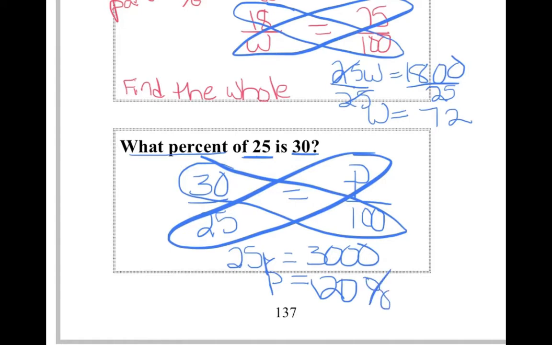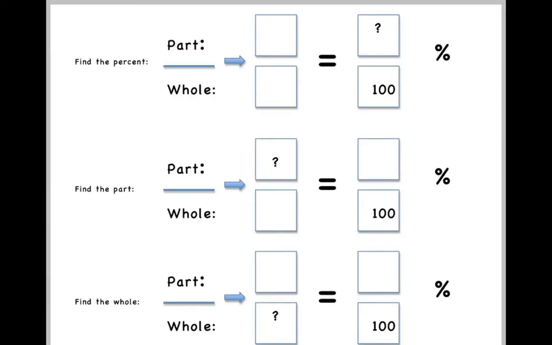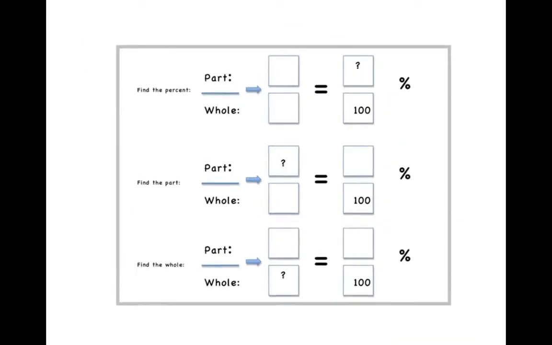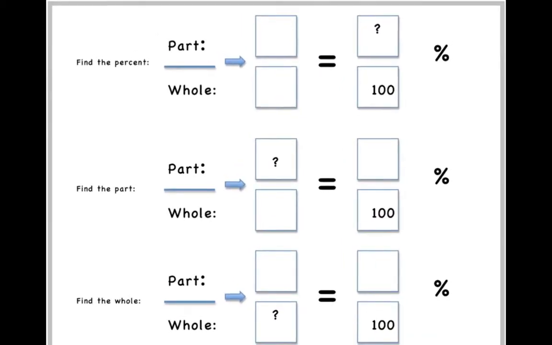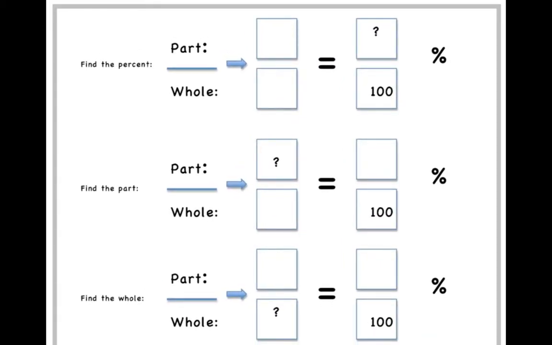Okay. Now, I have a resource for you that I hope that you loaded, because I want you to use it. It's called the percent proportion chart. And you can use this to solve any of your problems. I will allow you to use it on any homework or tests. I've filled it out for you with part, whole, and percent. So, for example, let me use my pointer here.